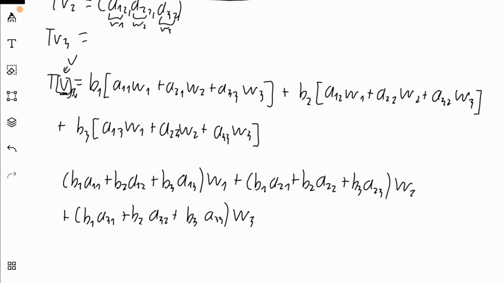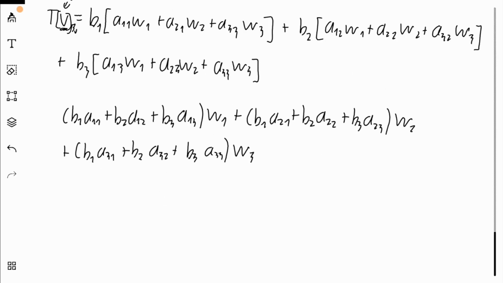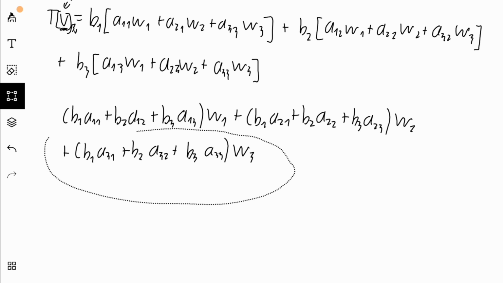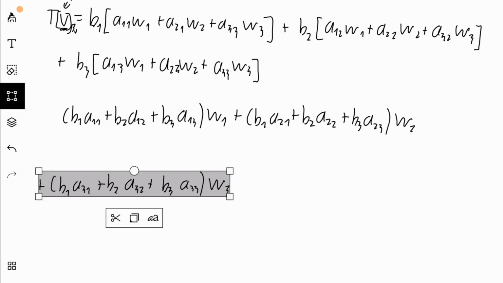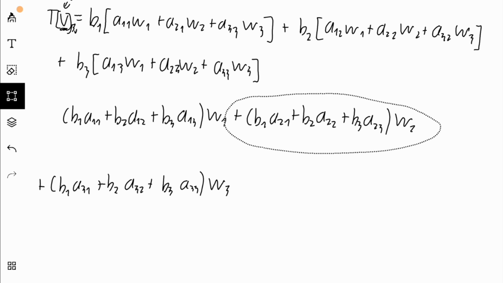So we factored out our basis vectors, and now let's start doing some interesting things. First of all, let's try to line this up into columns, because we're going to see a nice matrix just pop out of this.